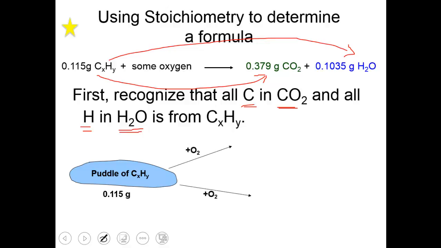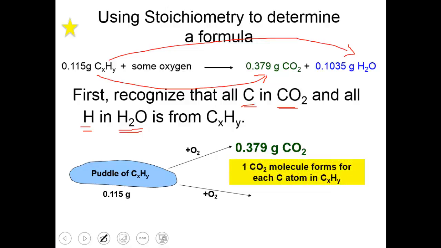When we burn it in oxygen, we're going to make 0.379 grams of CO2, and for every 1 atom of carbon, we're going to make 1 molecule of CO2. Because there's 1 carbon in CO2, there is a 1-to-1 ratio. For every 1 CO2 made, we'll have 1 carbon in the hydrocarbon.